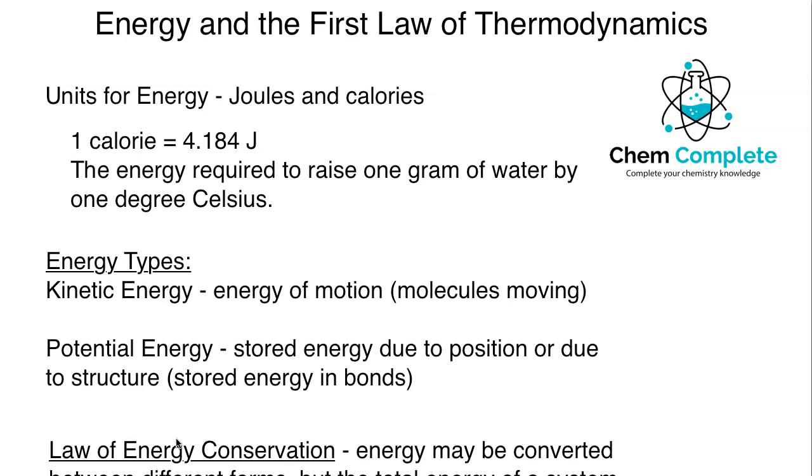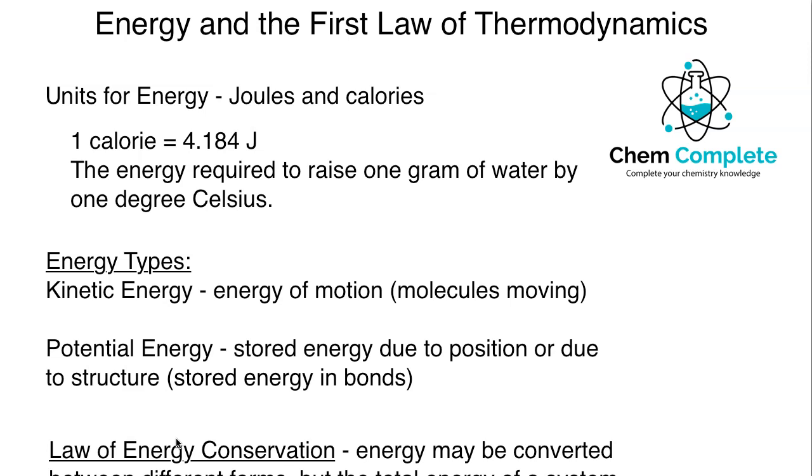Now, potential energy, on the other hand, is the complement or the opposite to kinetic energy, and it is the stored energy due to the position of some sort of material. Okay, so again, if the ball that was being thrown in physics is placed up on a shelf and it is a certain height from the floor, it would have some amount of potential energy based on its position relative to the floor. Or in chemistry, which again is what we're focused on here, it will be due to structure.